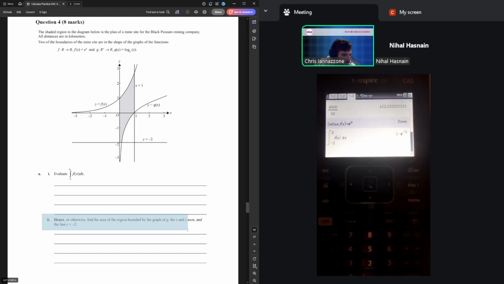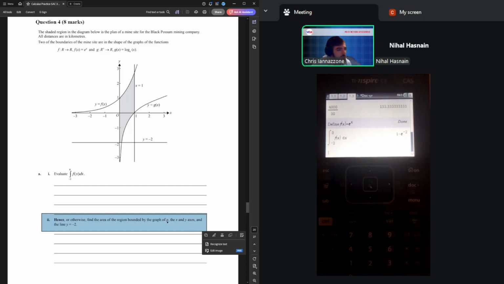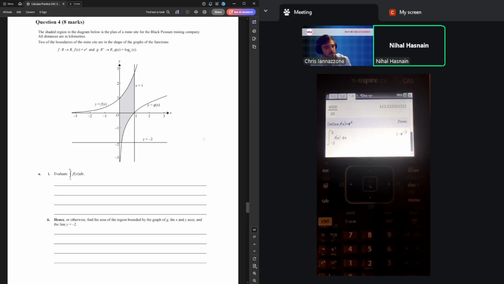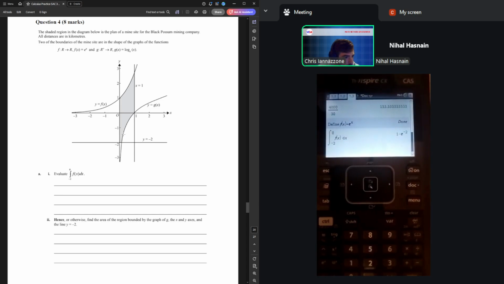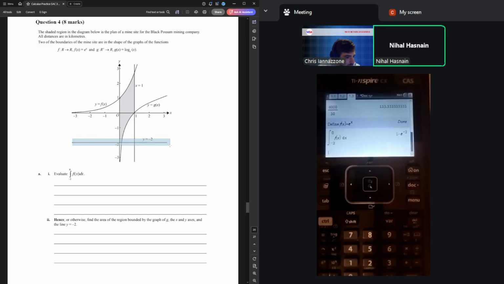That's pretty much it. Part ii is where it might get a bit more interesting. Hence or otherwise, find the area bound by g, the x and y axes, and the line y equals -2. So we've got those all written out.